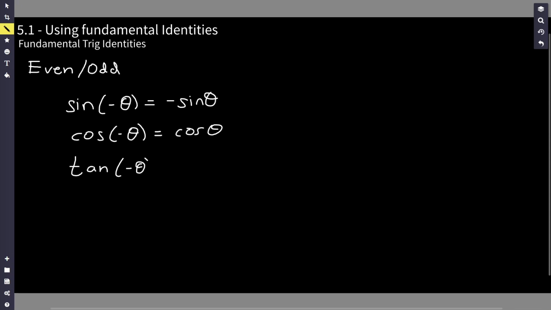Tan of negative theta is equal to negative tan theta, and cosecant of negative theta is equal to negative cosecant theta.